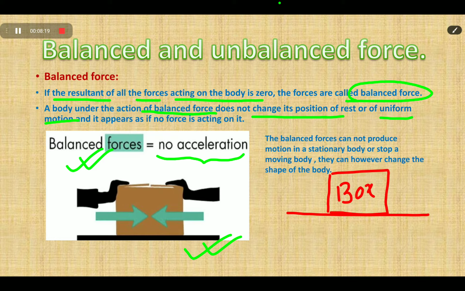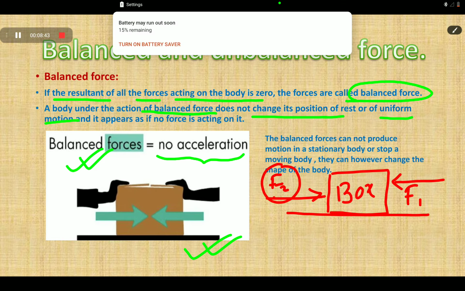Suppose that we are pushing the box in this direction. So this is the force of our push, which is written here F1, and second is the force of friction, and this force of friction opposes the push, and does not allow the box to move.